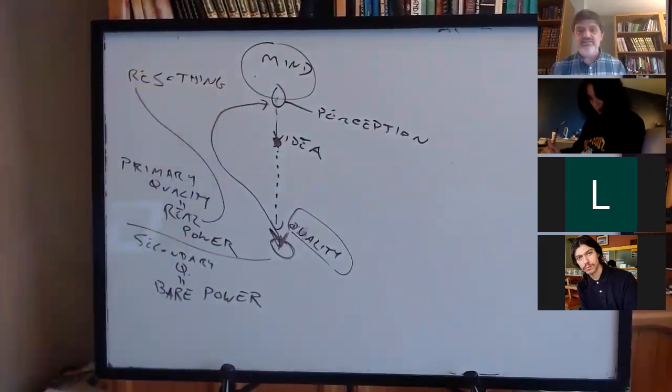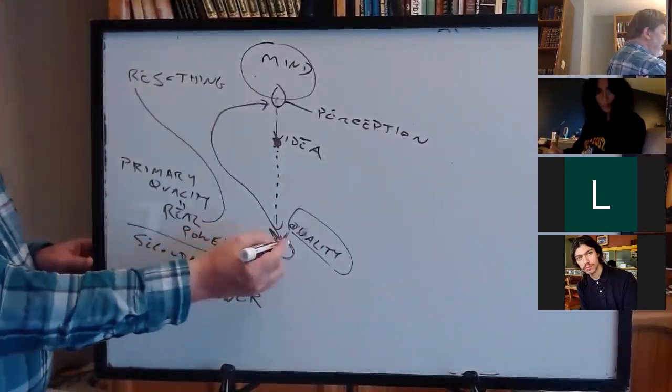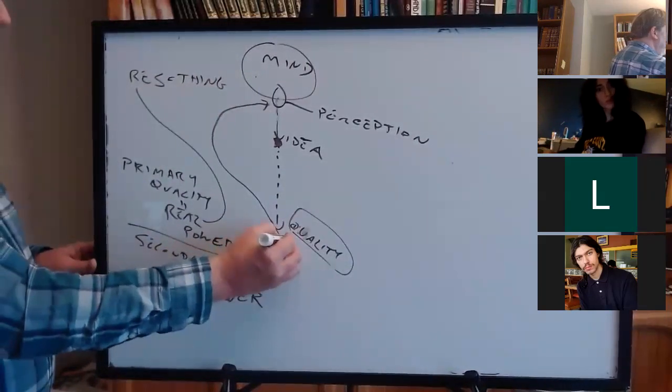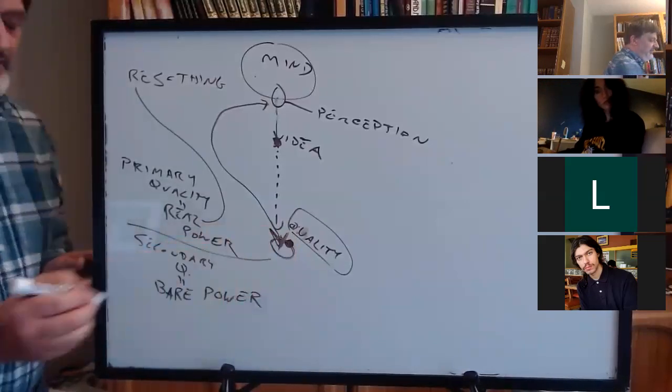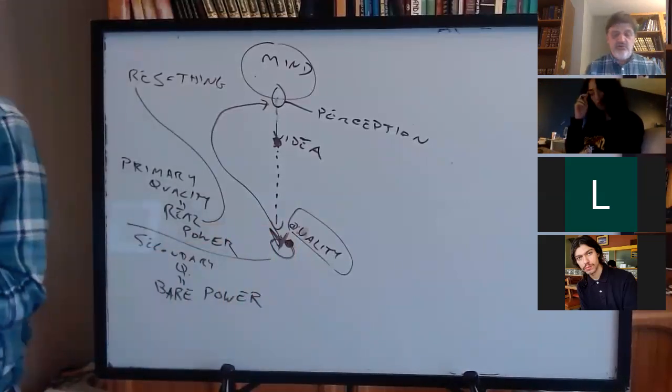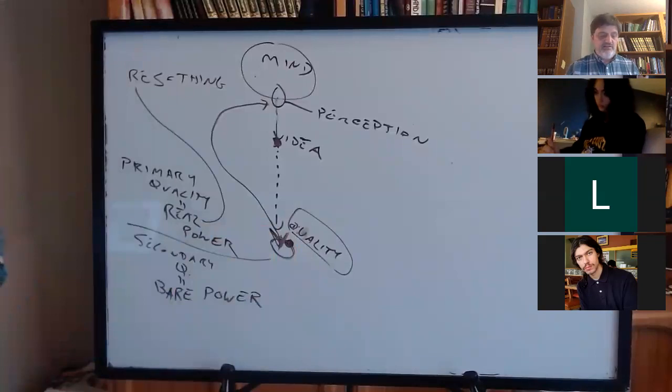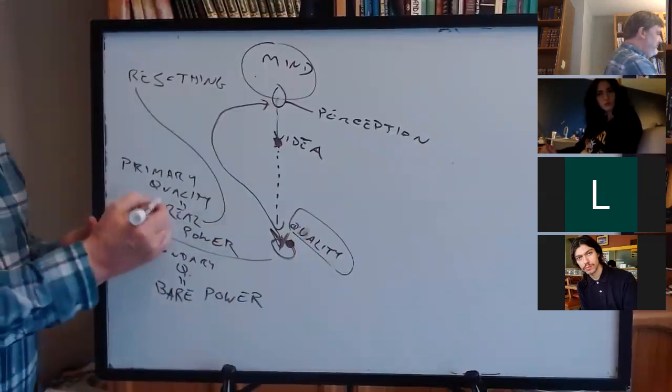So real means thing-like. And a real power is a power that something has because of something that's in it. So the power and the rest of the thing that has the power, in some sense, are separable from each other. You can count one thing and another thing. That's what it means that it's a real power.